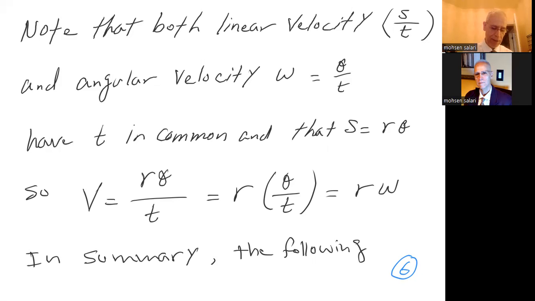Notice that here V equals r theta divided by T. That's given to us. We already talked about it. So if I factor an r out, then I have r times theta over T. And what is theta over T? Theta over T is omega. So V equals r omega is a nice formula for us to use.